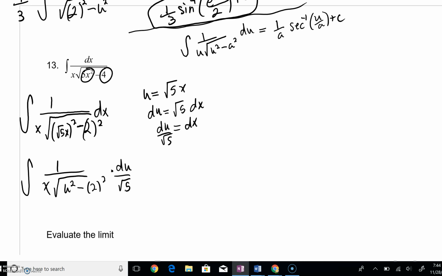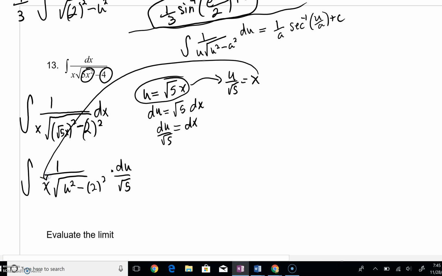We're so used to having u substitutions where things are canceling out. And right now I have an integral with an x term that has not canceled out. Now, of course, what we can do is go back to that substitution statement and solve for x and say x is really u over radical 5. And if we look at it that way, then we can come back to this problem.